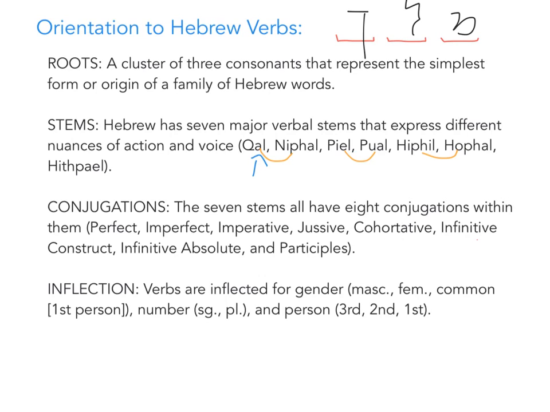I wanted to just tour through all those items briefly because they're going to be things that we're going over again and again. The roots are helpful for recognition. The stem, conjugation, and inflection are all going to be part of what it means to parse our verbs. So I thought it'd be helpful to look over that before we get too deep into the system.